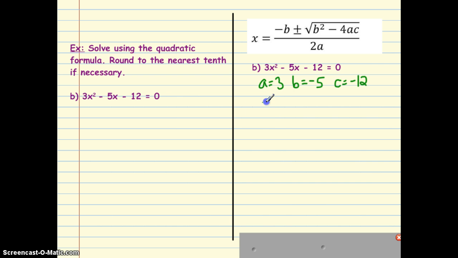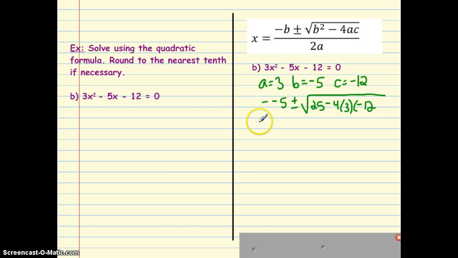So we will have negative 5, and under here we'll have b squared, 25, minus 4ac. And I never make my square root long enough.